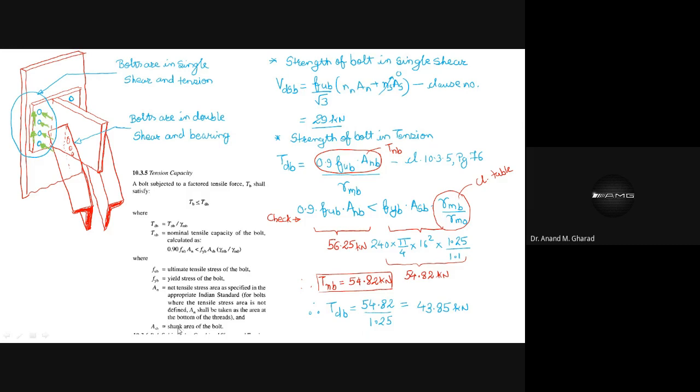What is ASB? ASB is the shank area of the bolt, that is nothing but the area of the bolt diameter, which is pi d square by 4. With this, please check whether the value I have calculated is okay. I am getting 54.82.